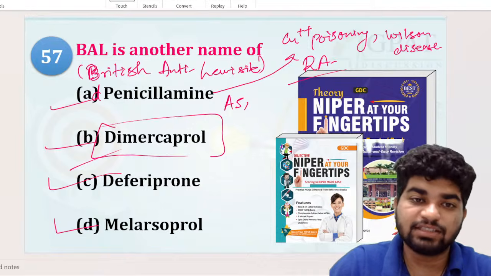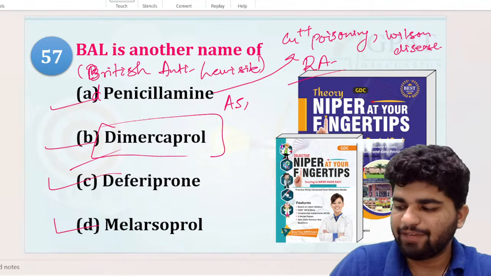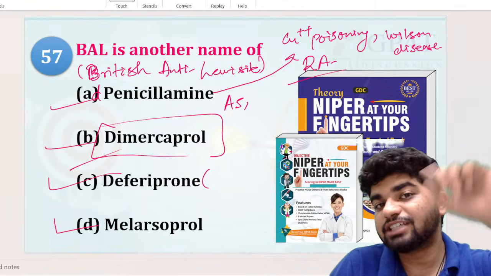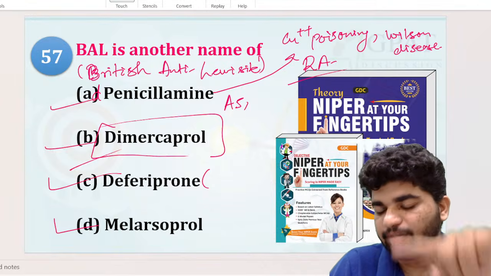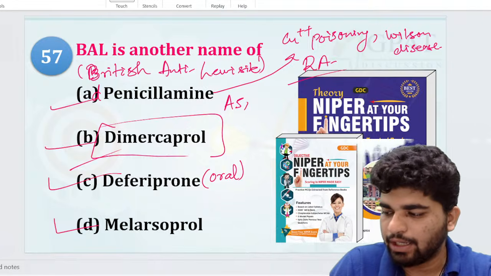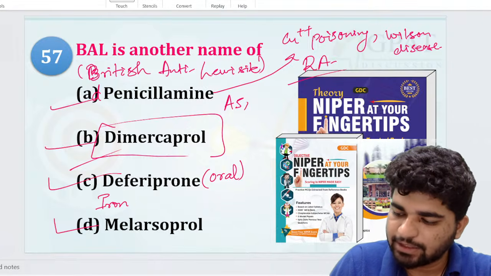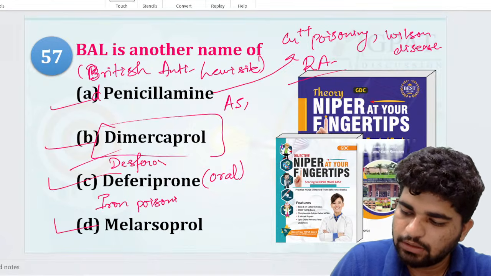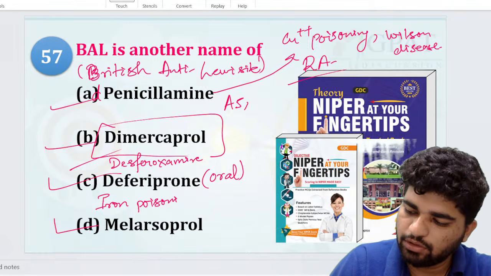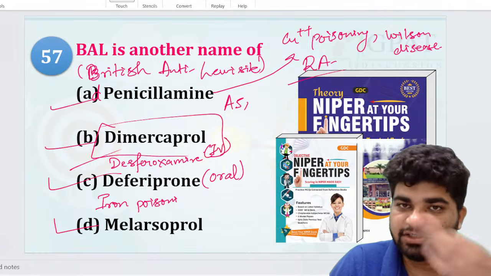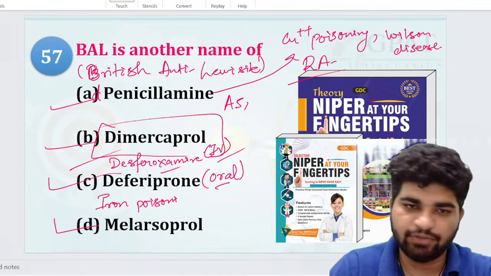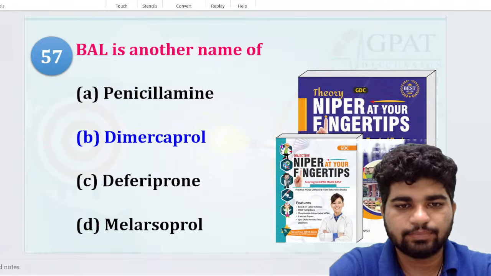Deferiprone is not IV, it is used orally in iron poisoning. Deferoxamine is given through IV. So understand the difference between deferiprone, oral, and deferoxamine, IV, both in iron poisoning.